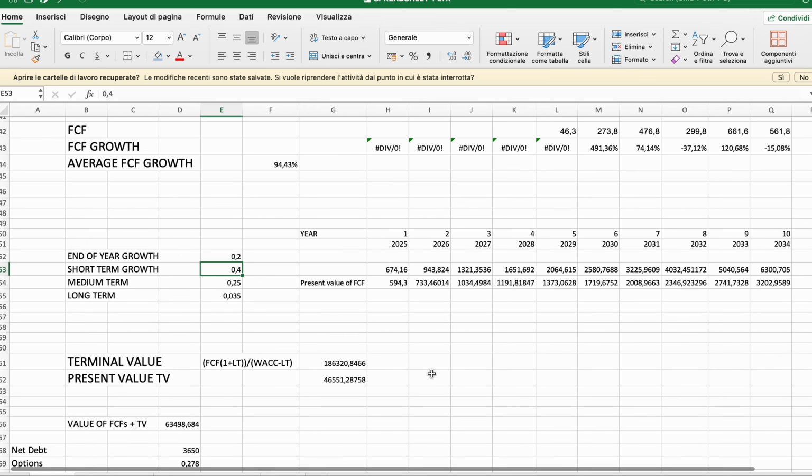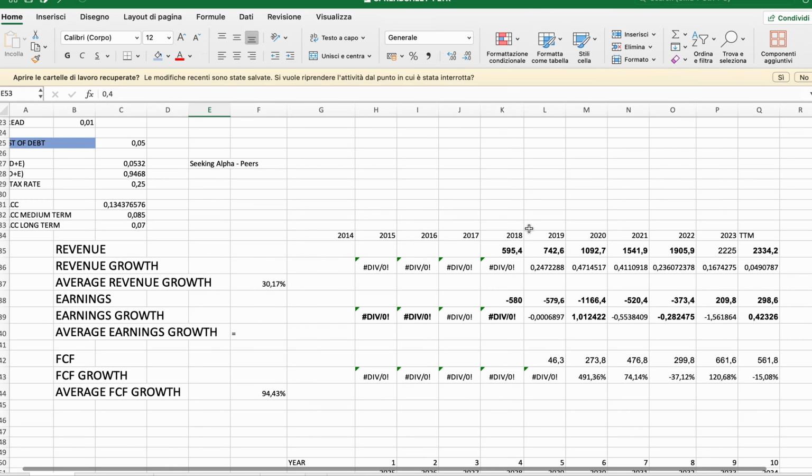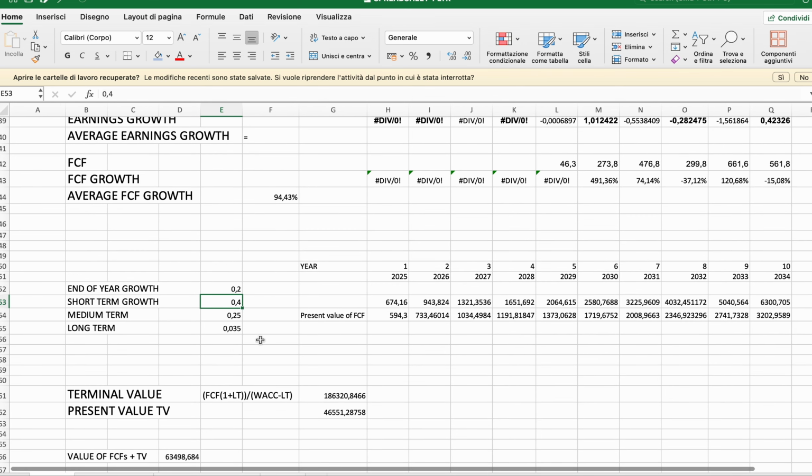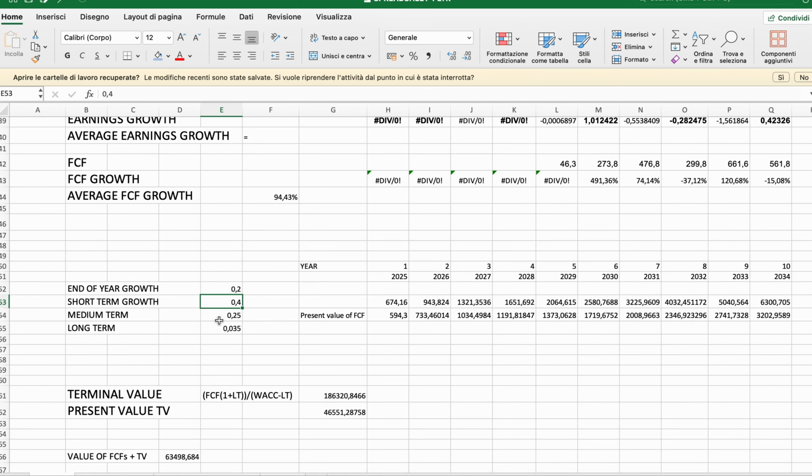So these are basically my assumptions. I expect it to do about half of what it has done in the past 5 years, so around 40% growth for the next 2.5 years, and then I expect it to be around 20-25% until the 10-year mark, and then I've put the long-term growth.